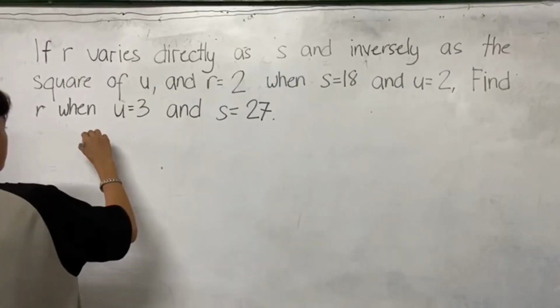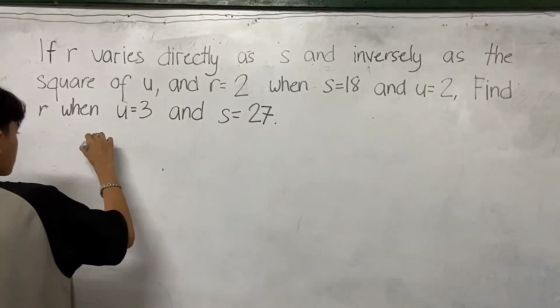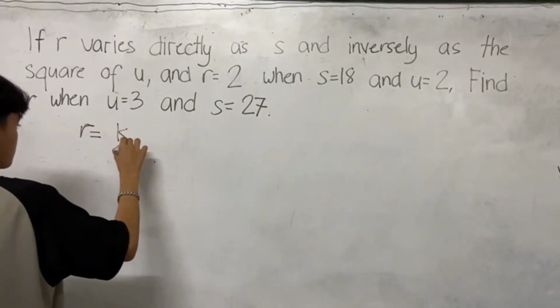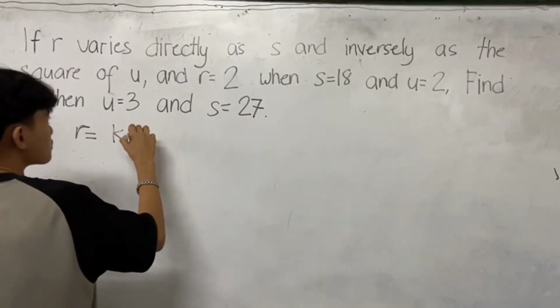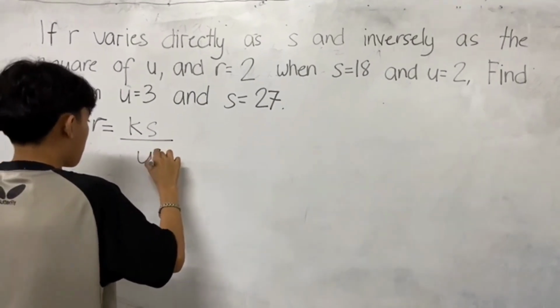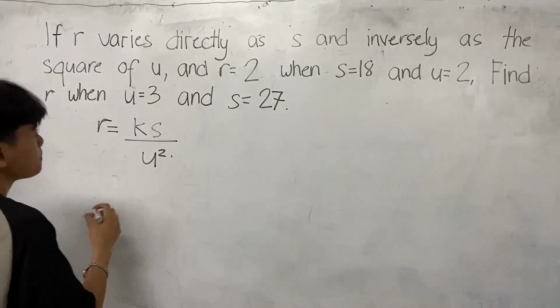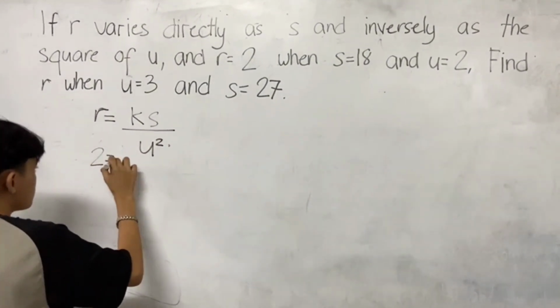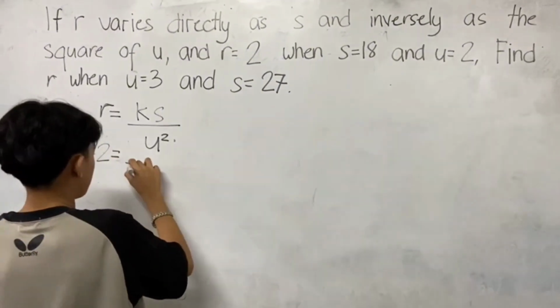Combined variation. So let's write the mathematical equation, which is R is equal to K S over U squared. So replacement, which is the substitution property of equality.